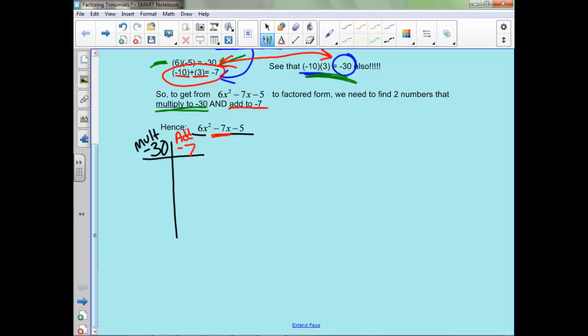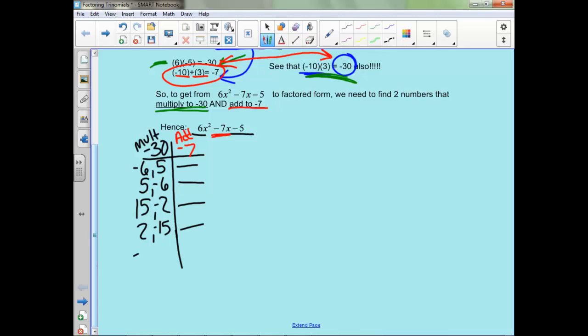So some options, well, negative 6 times 5 gets us negative 30, but that doesn't add to negative 7. What about 5 and negative 6? Well, that doesn't work either. What about 15 and negative 2? Those don't add to negative 7. What about 2 and negative 15? Well, that won't work either.